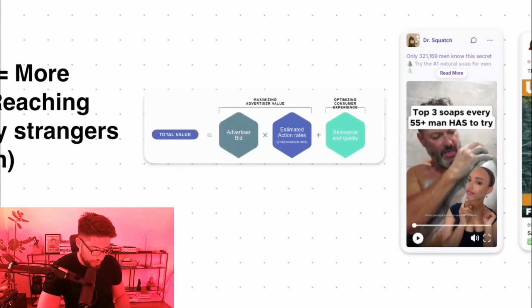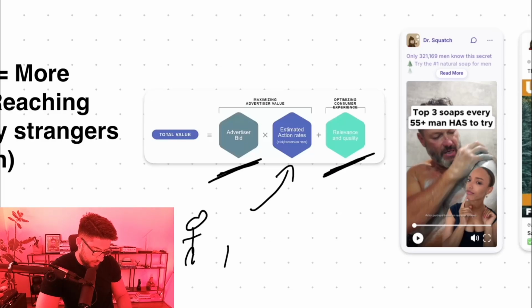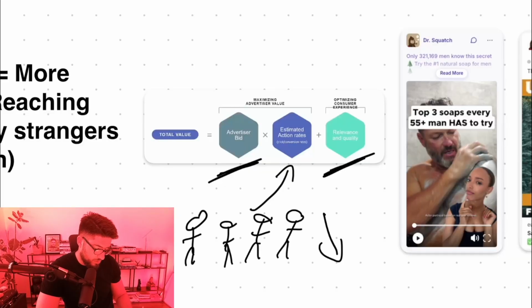If you remember what I mentioned, your bid is usually going to be the same. The relevance and quality of the ad is going to be the same as well. So the thing that's changing is this one. Of course, your CTR will probably go down. You're not going to get as many likes, but usually the estimated action rate, when you're reaching this new audience that's not so qualified, goes down, right?